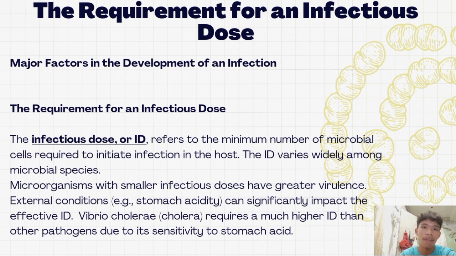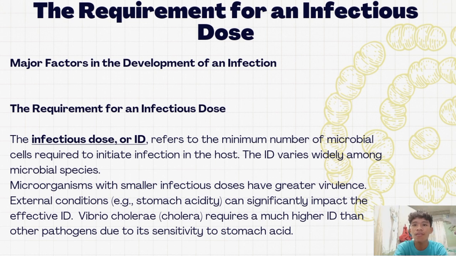Microorganisms with smaller infectious doses have greater virulence. External conditions, for example stomach acidity, can significantly impact the effective ID. Vibrio cholerae or cholera requires a much higher ID than other pathogens due to its sensitivity to stomach acid.